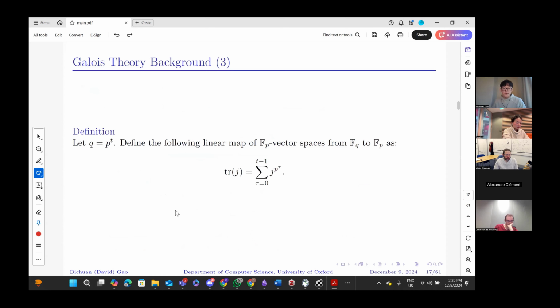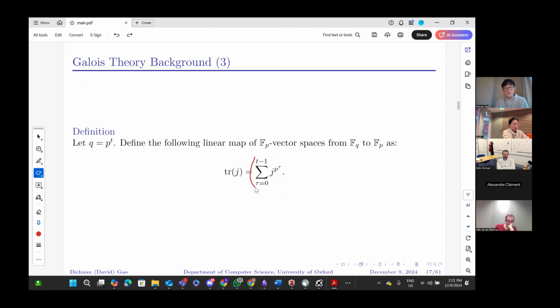So the other thing we can do with these Galois automorphisms is we can sum over them. So we define the following linear map where you take any field element j and you apply every possible Galois automorphism to it, and then you sum over all the outputs. And this gives us a linear map from Fq to Fp. To see that the outputs of this linear map are always in Fp, you just have to try to apply another Galois automorphism to it.